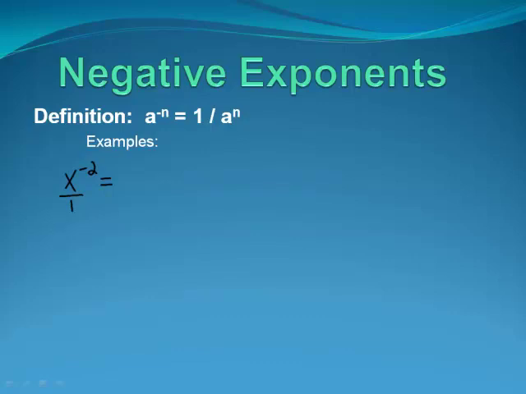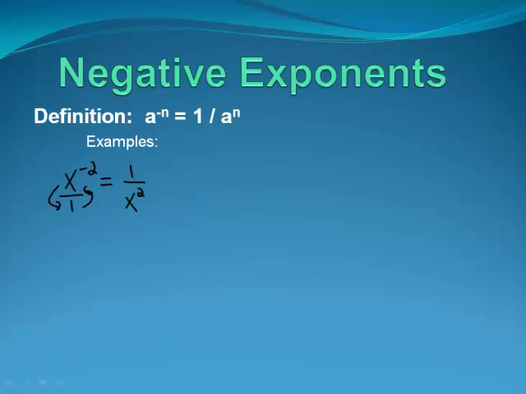So if you take x to the minus 2, which can be made into a fraction by putting it over 1, as always, and flip it over, you're going to get 1 over x. Now once you take the reciprocal, that negative exponent becomes a positive exponent. So x to the minus 2 is equivalent to 1 over x to the positive 2.